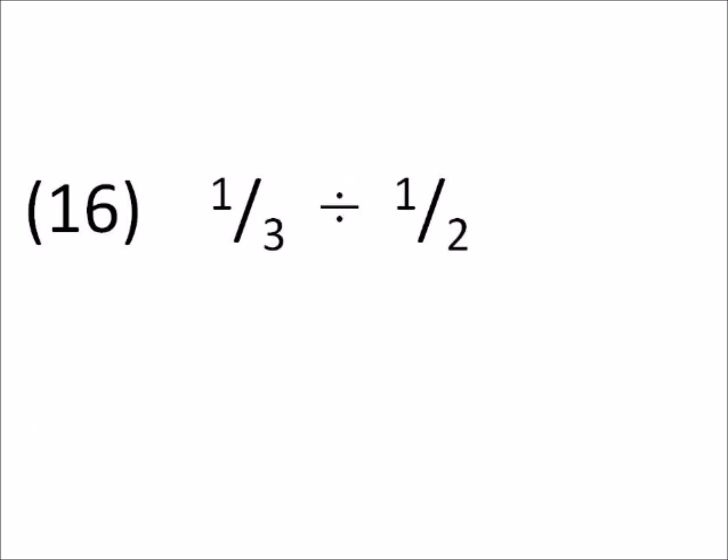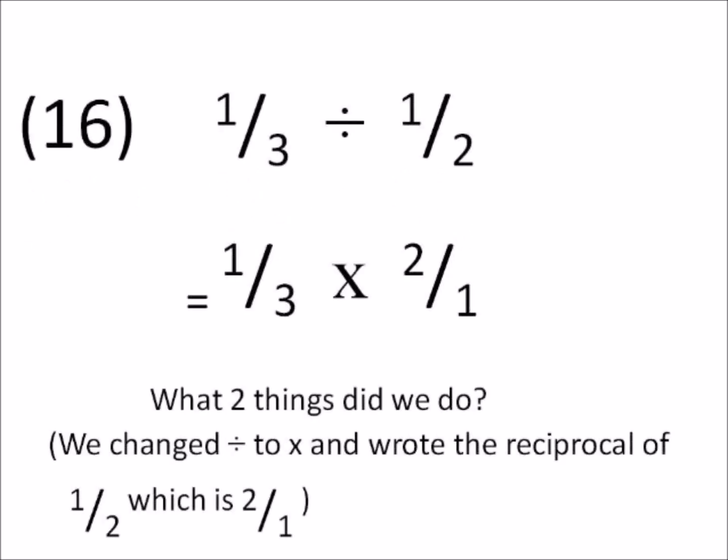Number 16, you're dividing fractions. 1/3 divided by 1/2. Now, to divide fractions, you must multiply them. So there's no getting around that. So you say it's equal to 1/3 times 2/1.